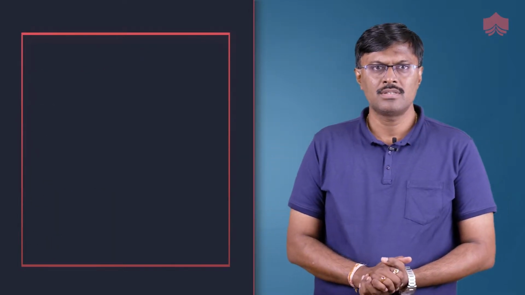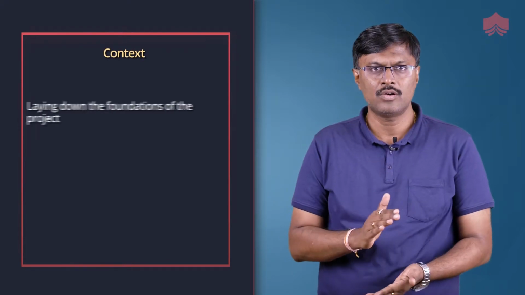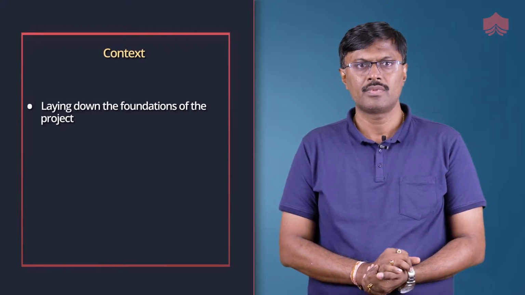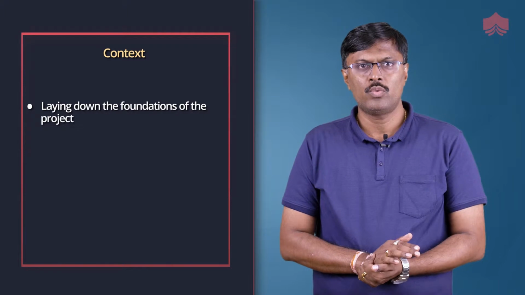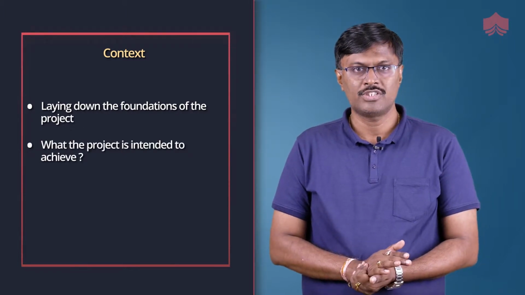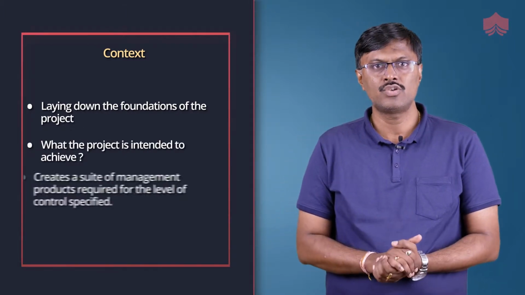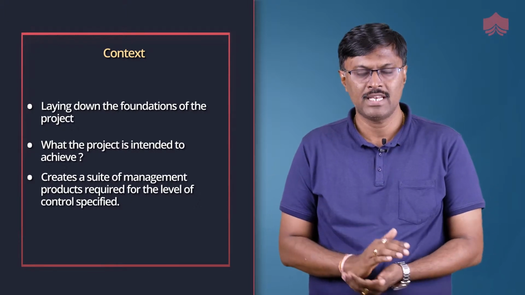Initiating a project process basically lays down the foundation of the project. It also provides what the project is intended to achieve, and creates a suite of management products required for the level of control specified. Initiating a project activities.